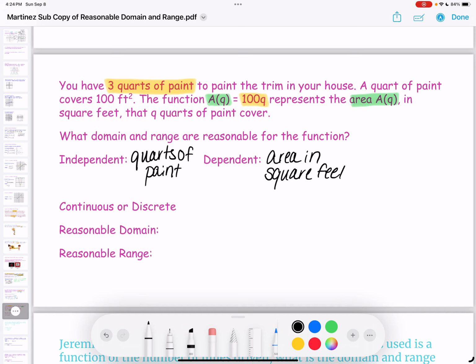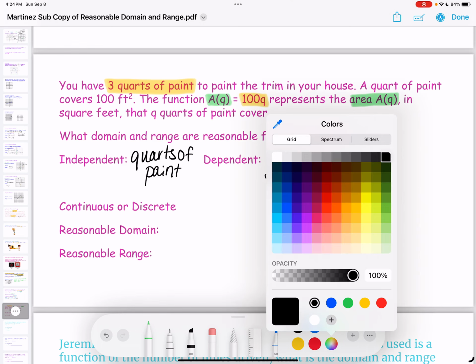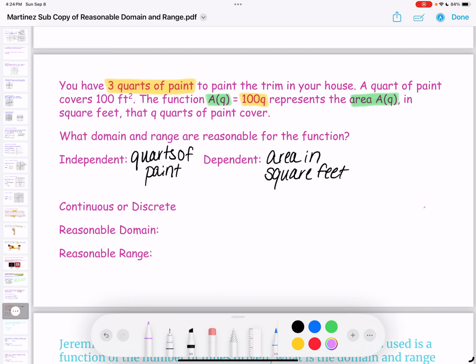So can you use, let's say, half a can of paint? Sure. Why not? So what does that mean? That means it's going to be a continuous function. Okay? We're not murdering anybody by doing half a can of paint, so that would be continuous.